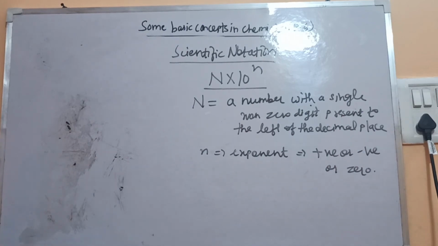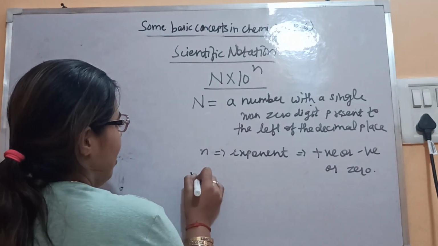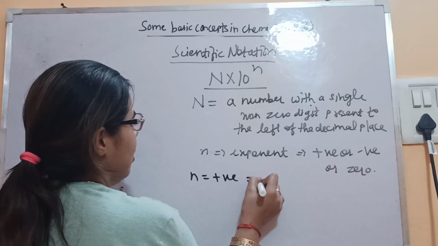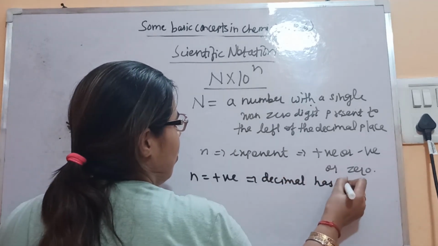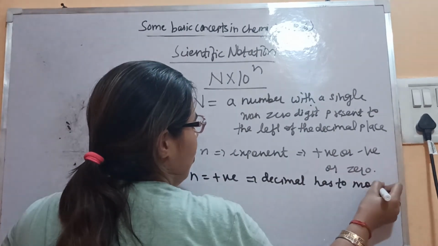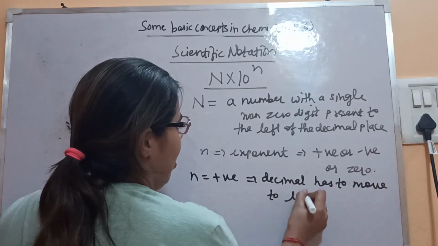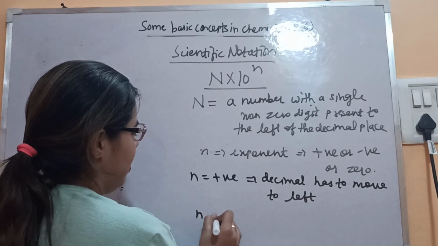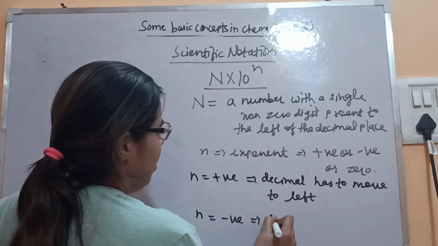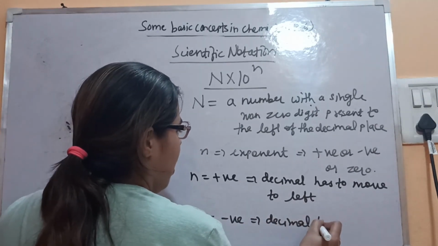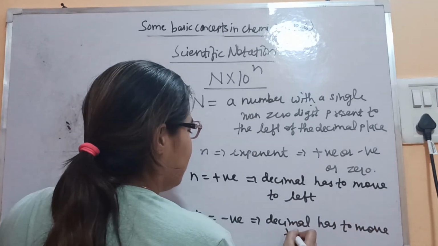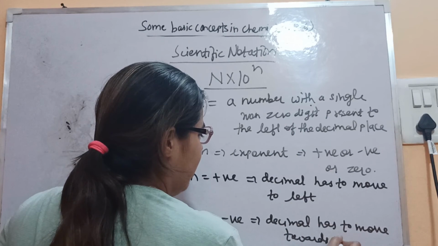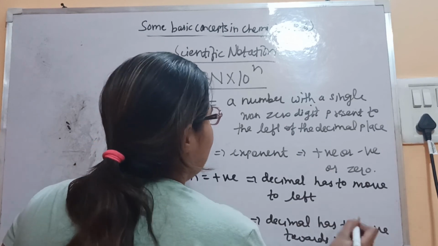When n is positive, it means the decimal has to move to the left. If n is negative, it means the decimal has to move towards the right.